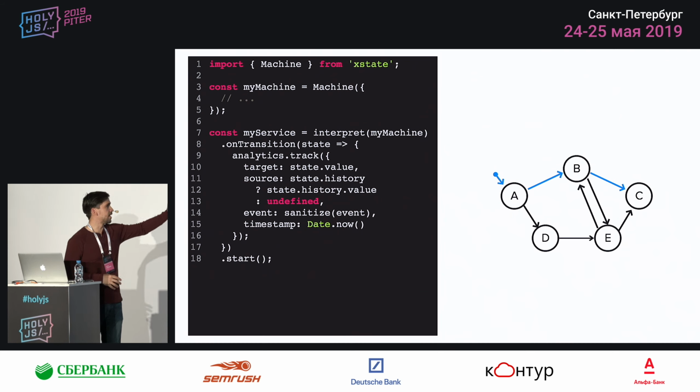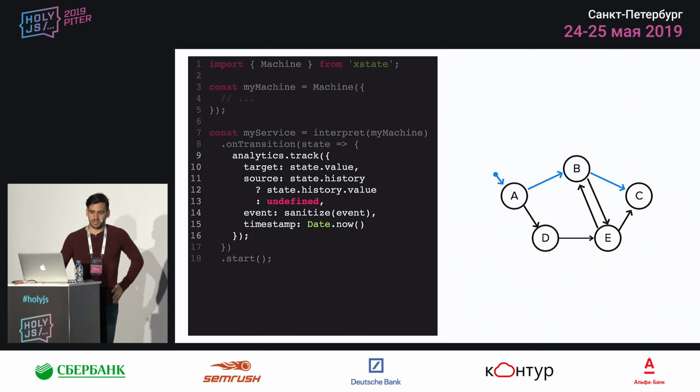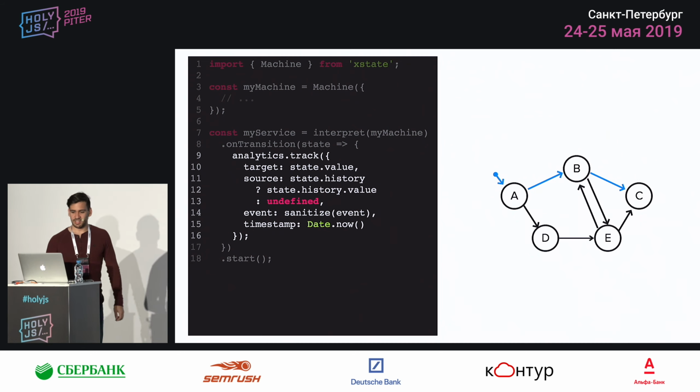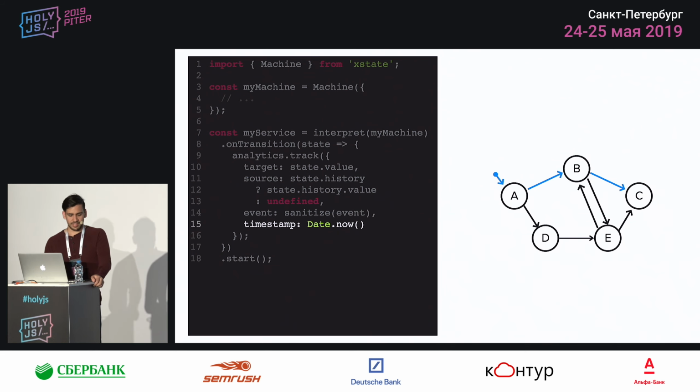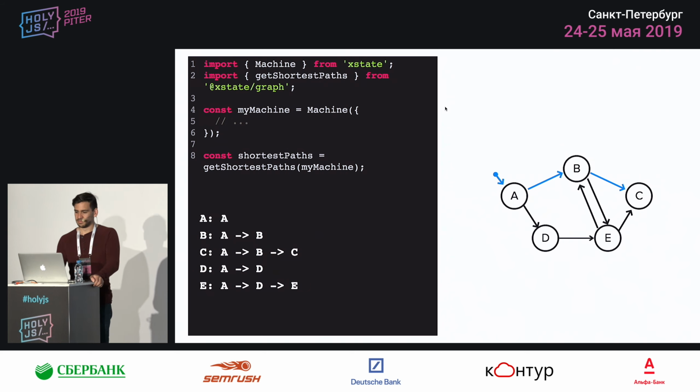We're just putting that analytics track right inside of the interpreter. And so this becomes a single call because you represent your entire app as a state machine, and you could track analytics right in there, giving you the target, the source, which is where the person went, the event, which should be sanitized to remove personal details, and timestamps.